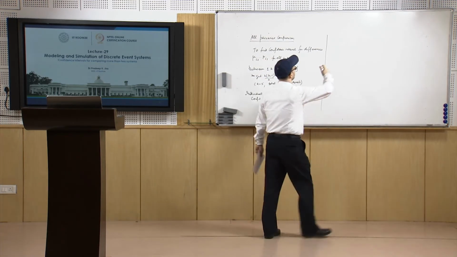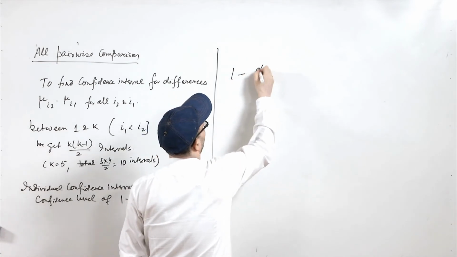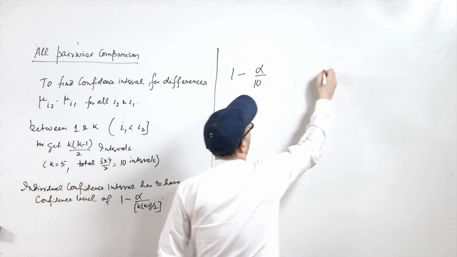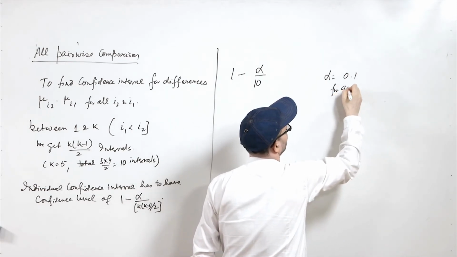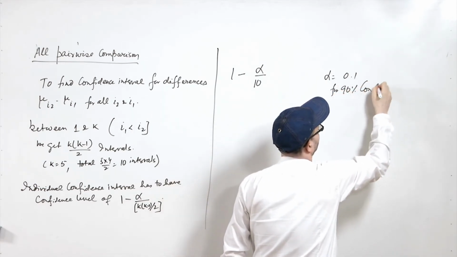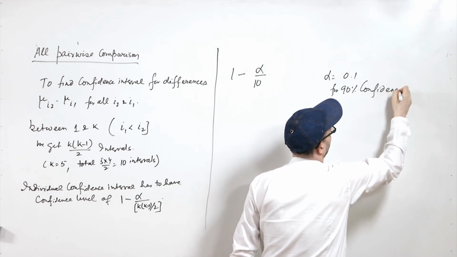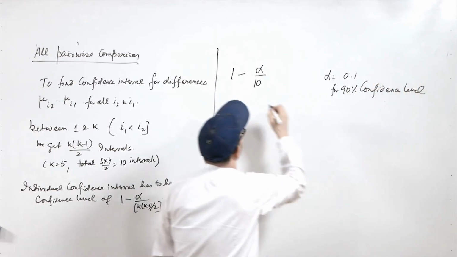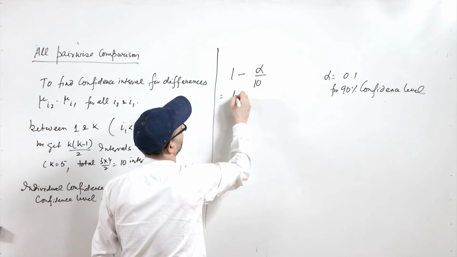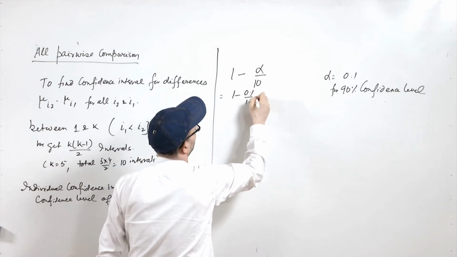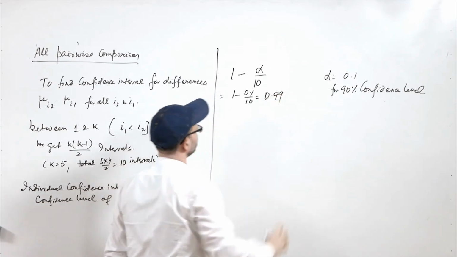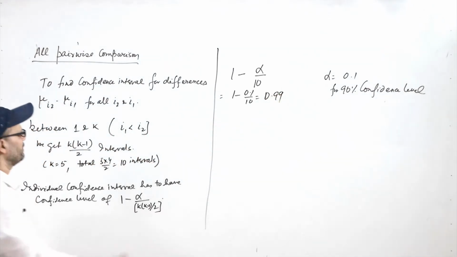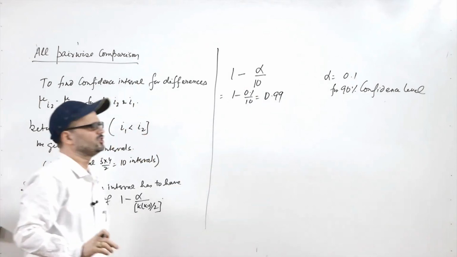So, what we see is 1 minus alpha by 10, and alpha was basically 0.1 for a 90% confidence level. So, we get 1 minus 0.1 by 10, that is 1 minus 0.01, which is 0.99.